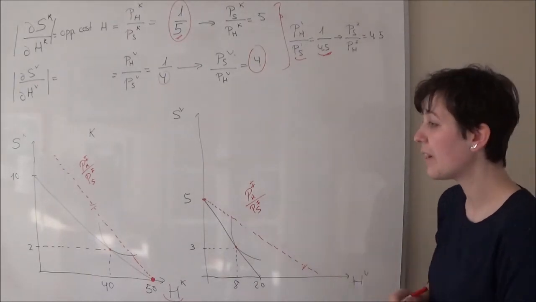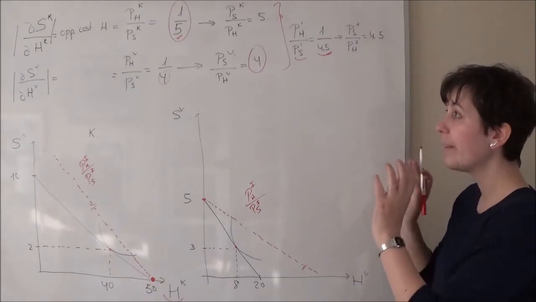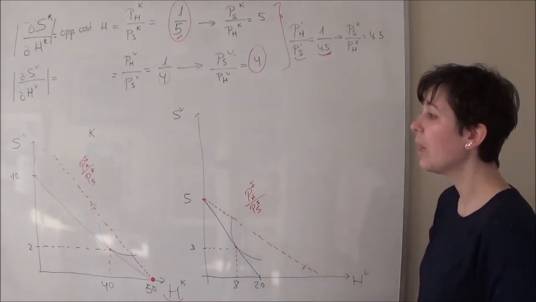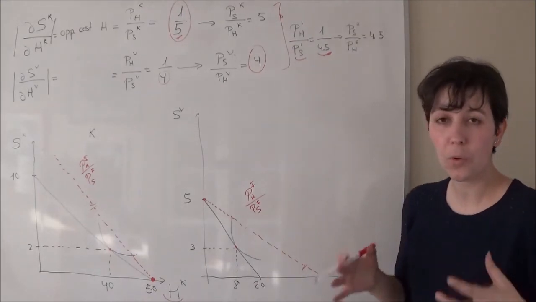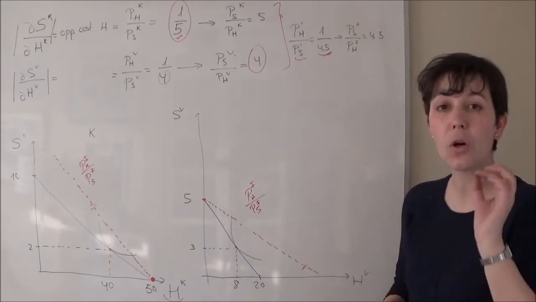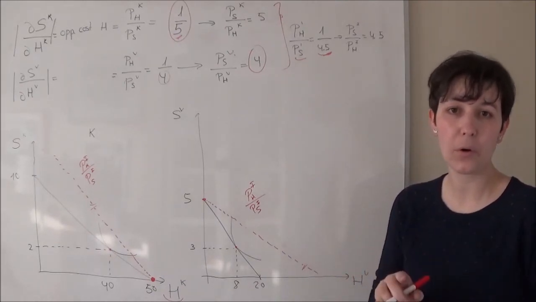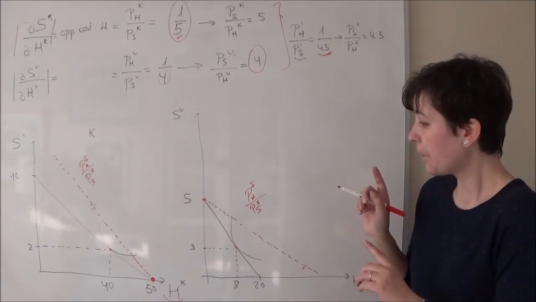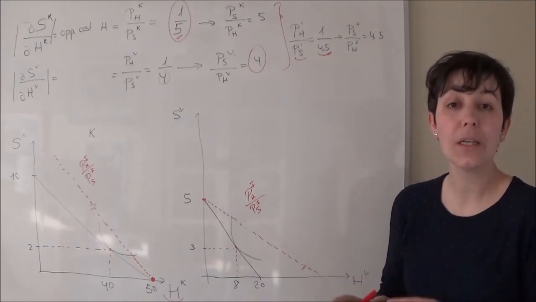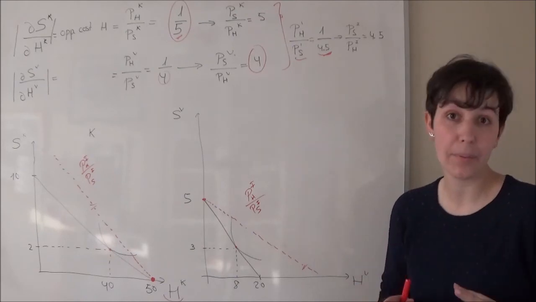Okay, that is the first conclusion that we have. So in this context, for this model, given the assumptions that we have, each economy is going to produce just one good and nothing of the other good. And they are going to choose that good in which they have a comparative advantage.